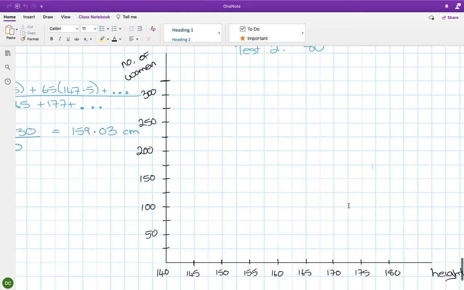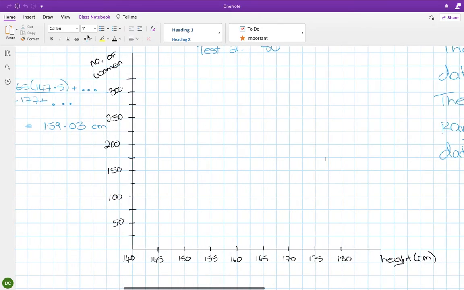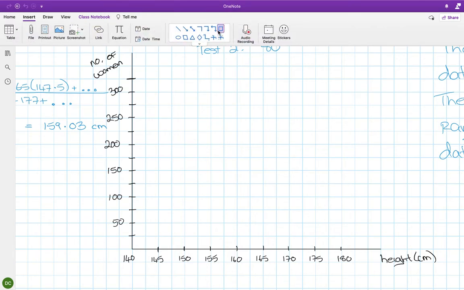All right, so let's get going with our boxes. The 140 to 145 has 9. So this is 25. What's half of 25? 12.5. So it's lower than that again, about there.